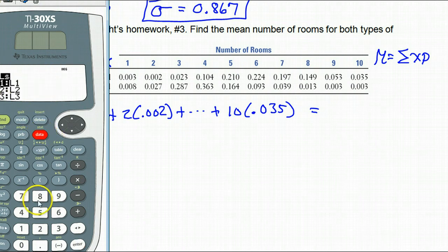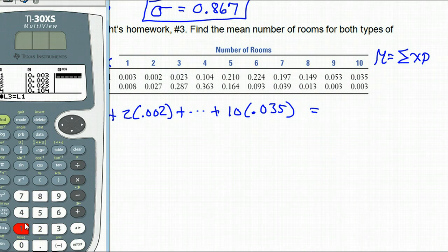So I'll hit data and then list 1, and then data and list 2. So list 3 will now be list 1 times list 2. In other words, the x's times the p's, because that's the mean. If I hit enter, these are all the xp's.